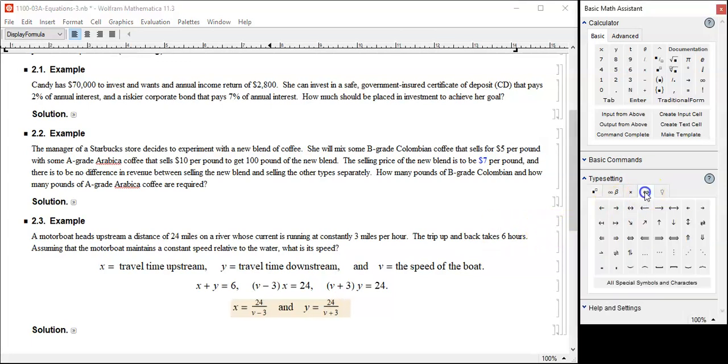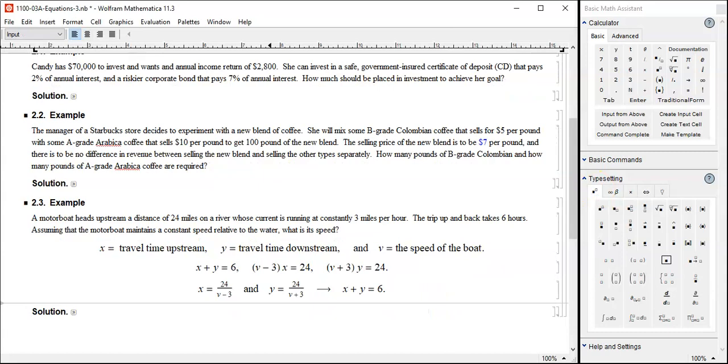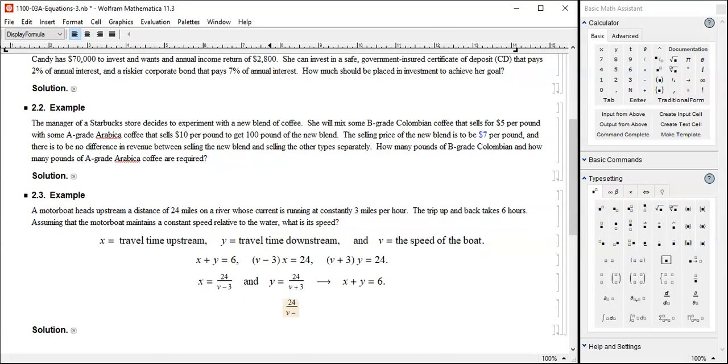And then if we plug this into x plus y equals 6, finally we are going to get something: 24 over v minus 3 plus 24 over v plus 3 is equal to 6.